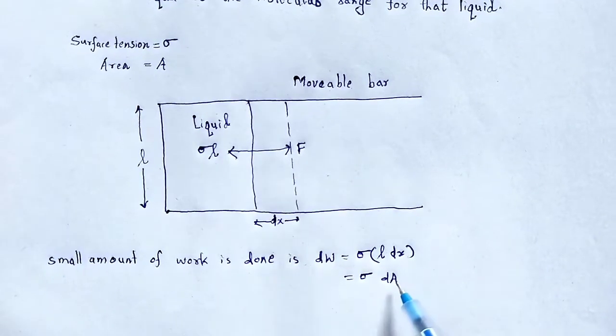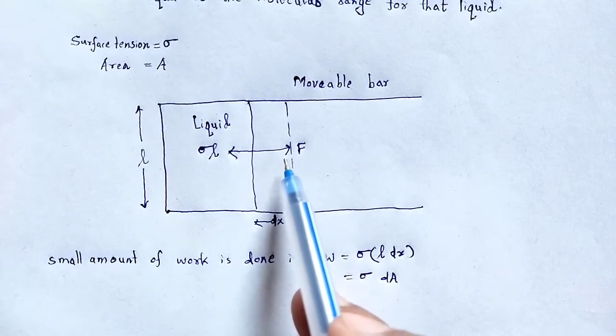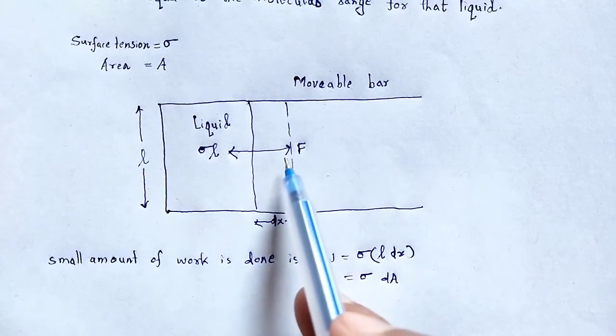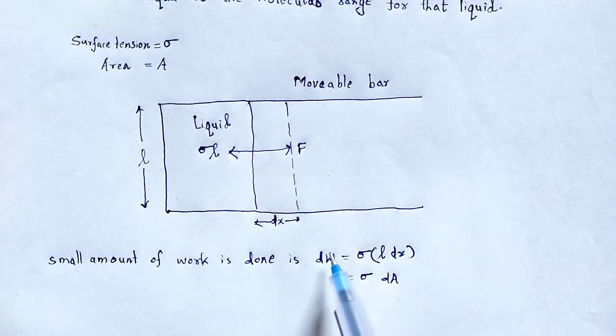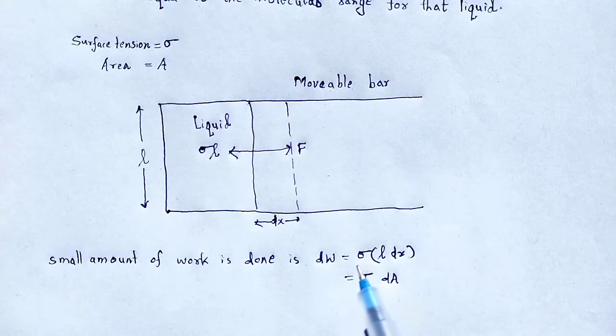Since the area increases, we take the sign convention as positive, that is why the work done is positive.